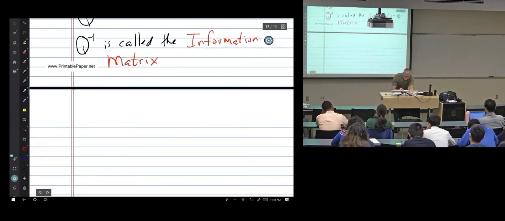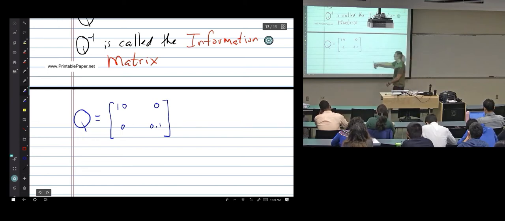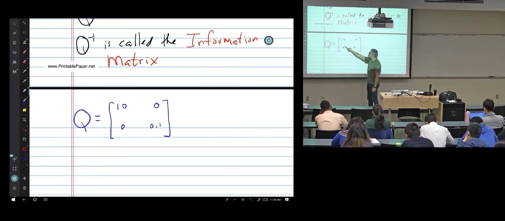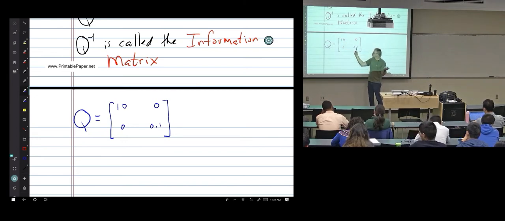Okay, so suppose Q looks like this. 10, 0, 0, 0.1. Okay, I'm making it really simple. The off-diagonal terms are 0. There's no correlation between the first component and the second component. Now, suppose this is my expensive IMU.